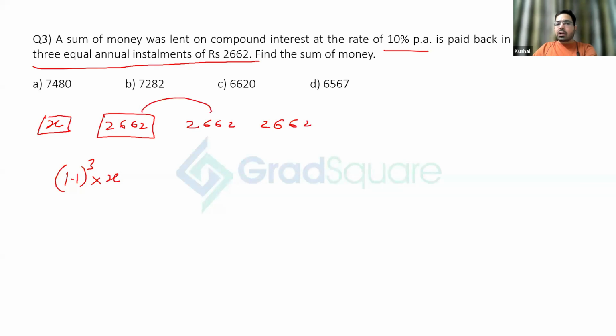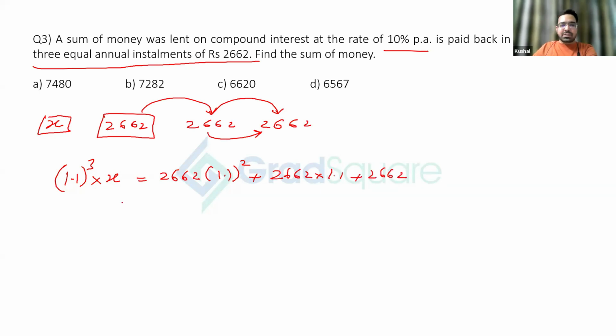2662 for how many years? For 2 years it will grow. So the value at the end of the third year of this 2662 will be 2662 into 1.1 whole square. Next, take this 2662 at the end of the next year: it is going to be 2662 multiplied by 1.1, plus 2662. That's all, right?